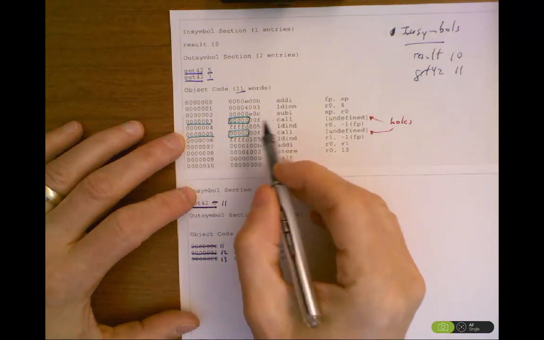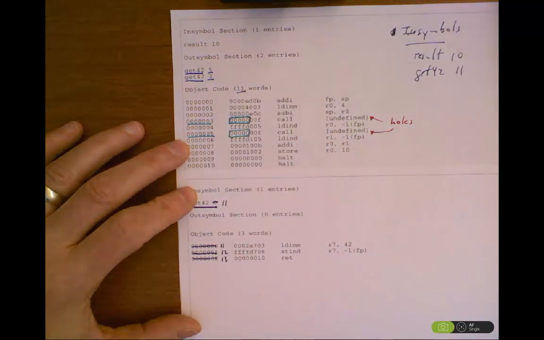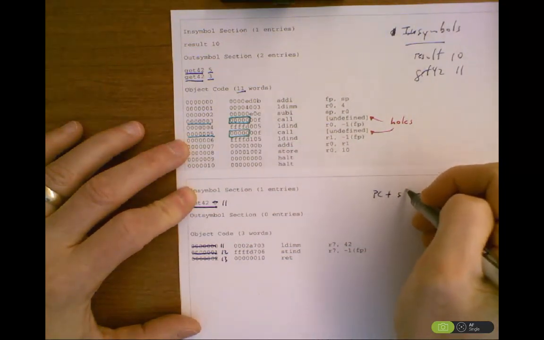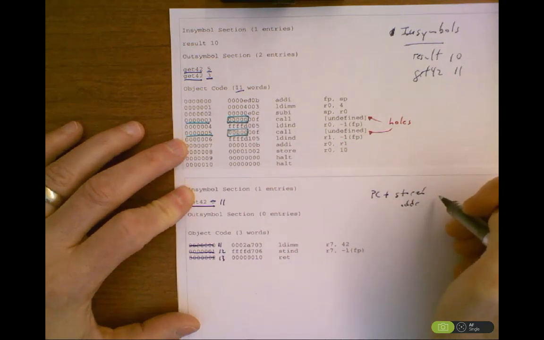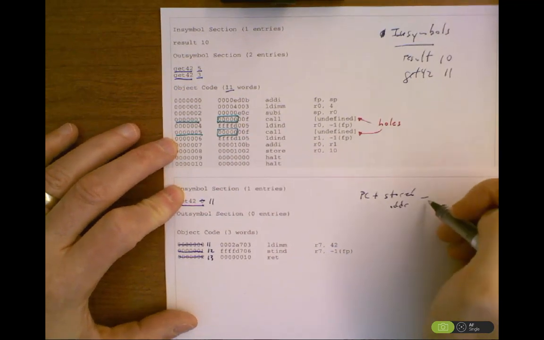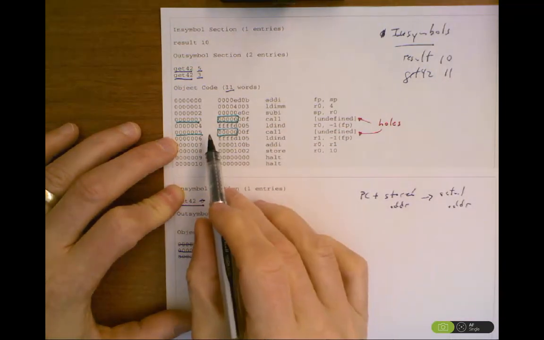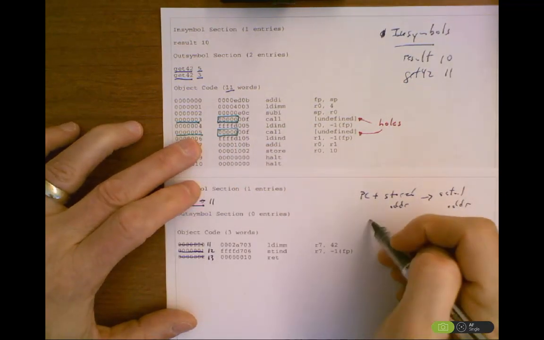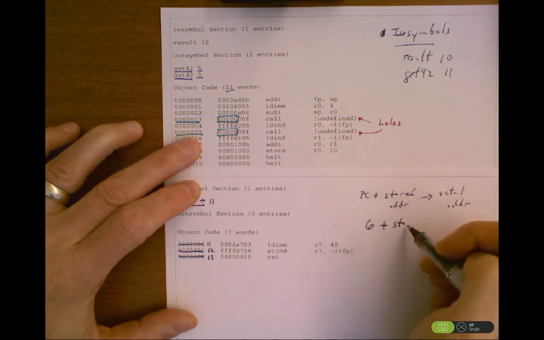So I need to fill in, let's do the 5 first, since it's in the list first. So I'm at address 5. Remember, how does this work? At runtime, we're going to take the PC plus the stored address, and that's going to be the actual address. So at runtime, when this instruction is called, the PC will actually not be 5, it will be 6, right? So what do we want to store?